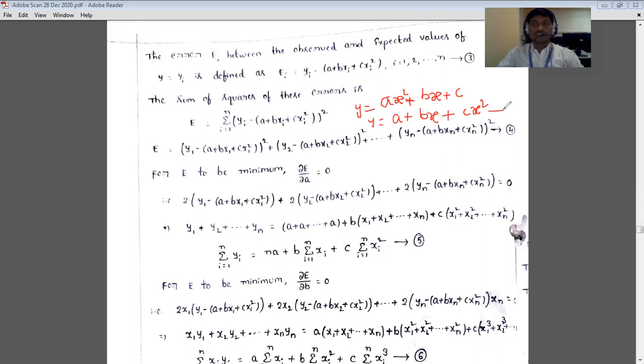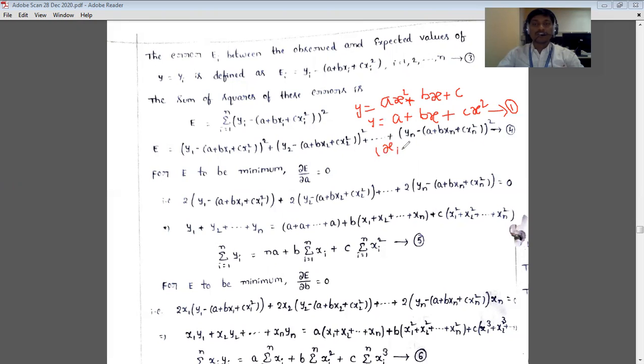First we will choose that as equation 1. The equation of the parabola, or the equation of the second degree polynomial, is y is equal to a plus bx plus cx square. Next, the parabola or second degree polynomial passes through the point xi, yi.